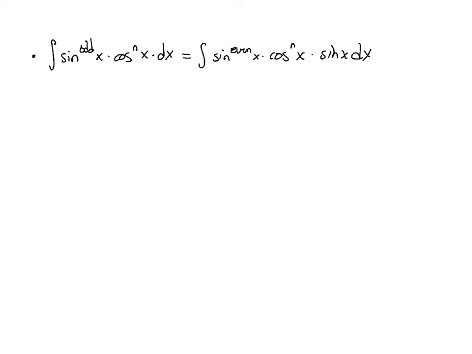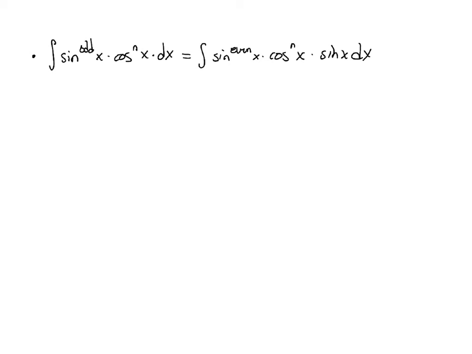If you have the antiderivative of sine to the odd power of x times cosine to anything dx, this is the first option in part A, you're going to rewrite that as sine to the even power x cosine to any power times sine x dx.